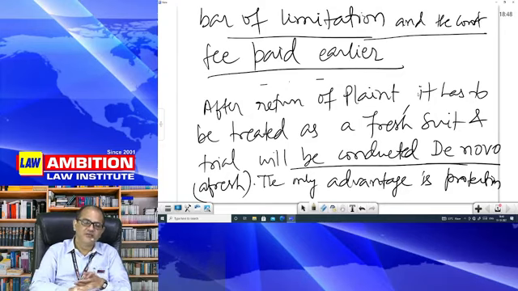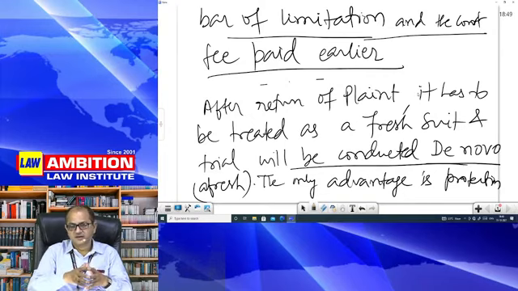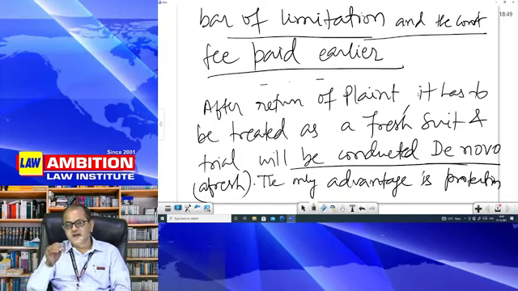On this point, there have been many divergences of opinion earlier, but now it is very clear and categorical after the Honorable Apex Court's clarification that either for deciding the question of rejection of plaint or return of plaint or for initiation of action on the basis of plaint, the plaint should be seen as a whole. When I say plaint should be seen as a whole, you have to see the plaint meaningfully.